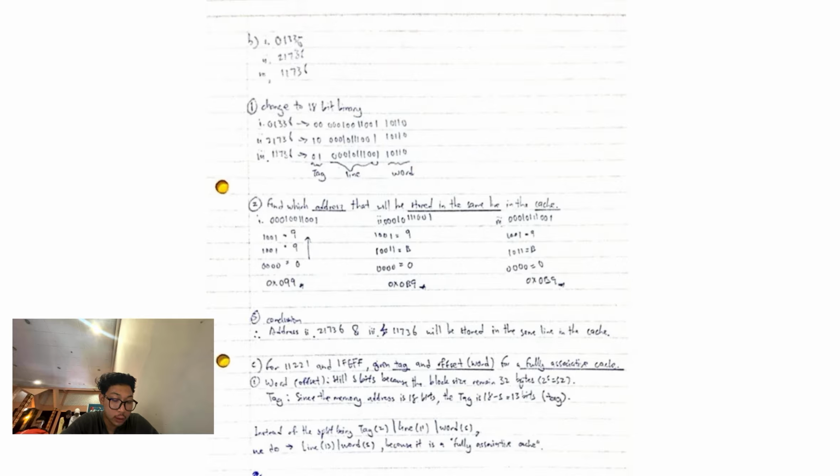For tag, since the memory address is 18 bits, the tag is 18 minus 5, which equals 13 bits. Instead of the split being tag 2, line 11, word 5, we do the split as tag 13 and word 5 because it is a fully associative cache.